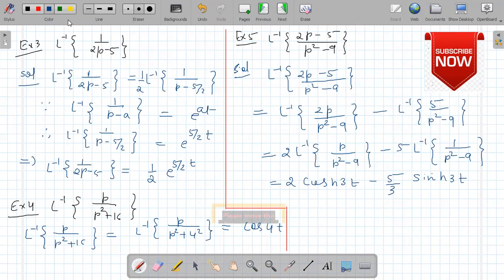Next example is find the Laplace inverse of 3p minus 16 whole divided by p square minus 16. Do it in the same way as I have done this example.